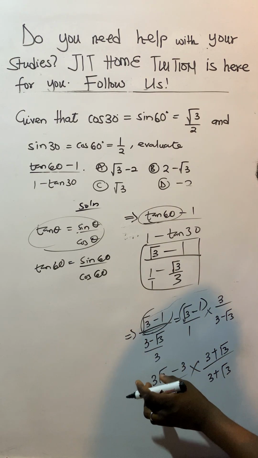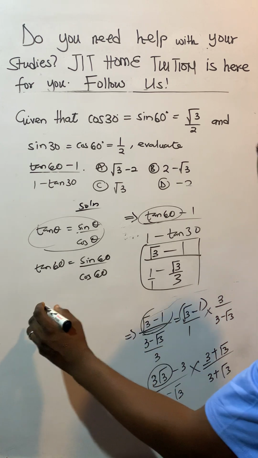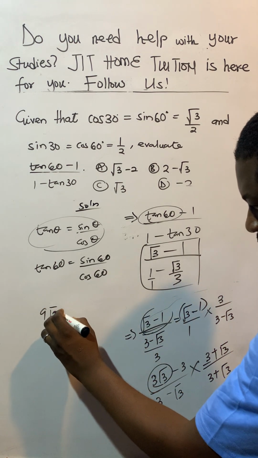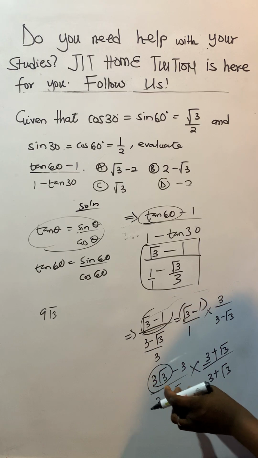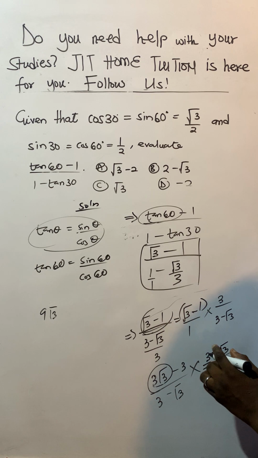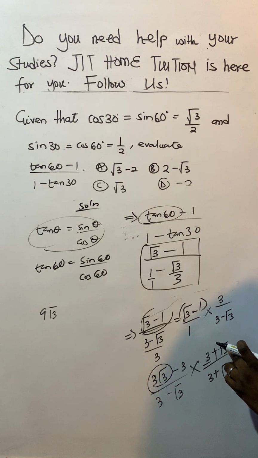So the whole of this will multiply this. 3 by 3 will give you 9. Then you have root 3. Then the whole of this will now multiply this. So the 3 here will multiply 1 here, giving you 3 root 3.